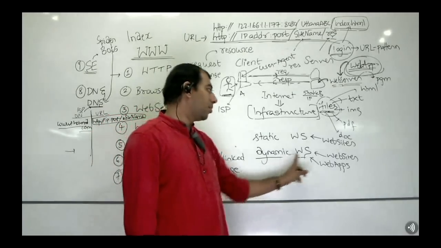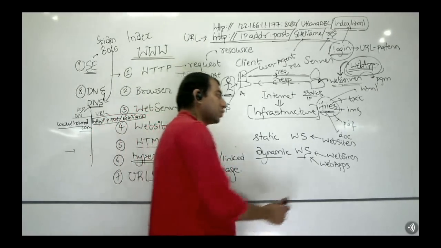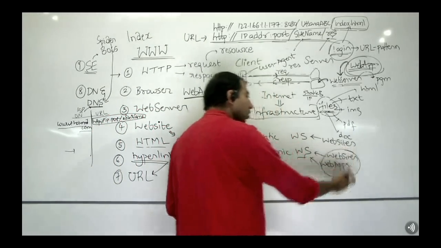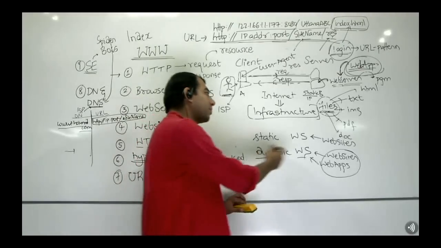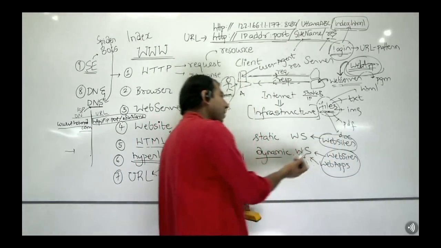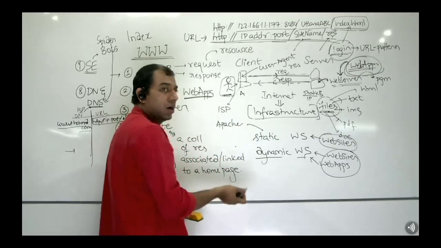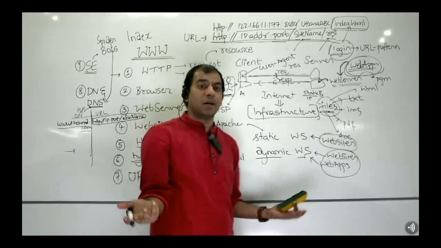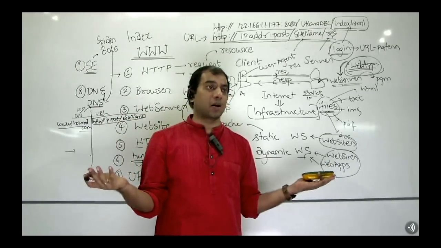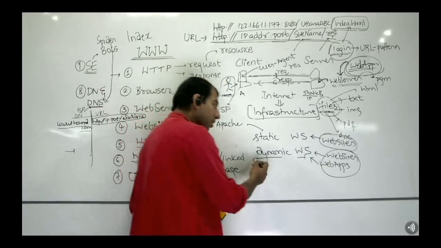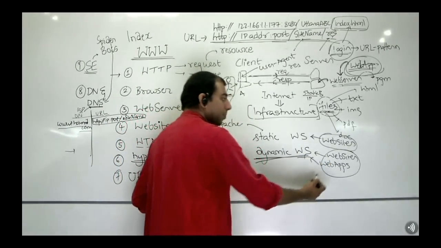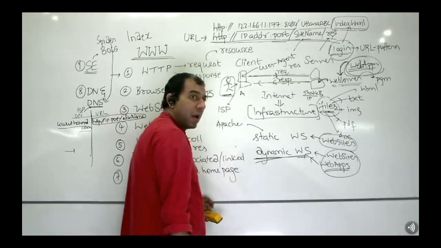So a dynamic web server is one which allows us to host websites and also web apps. Static web servers allow us only to host websites. For example, Apache web server allows you to host only websites. You can host any website which is static. That's not what we are interested in. We are interested in dynamic web servers because we are interested in building web apps.